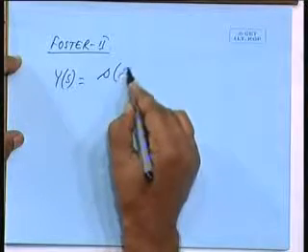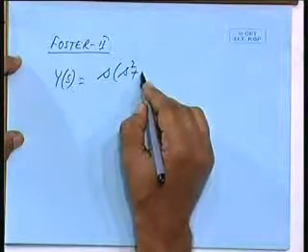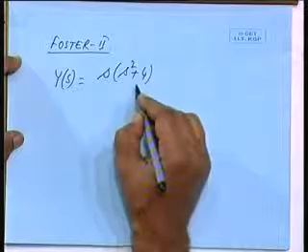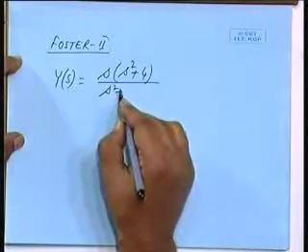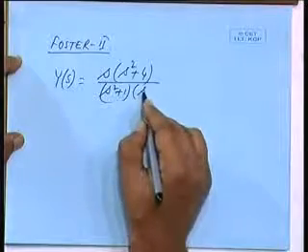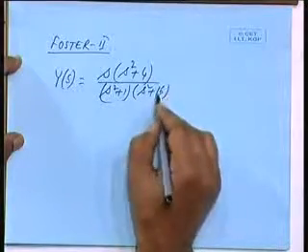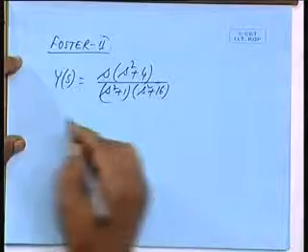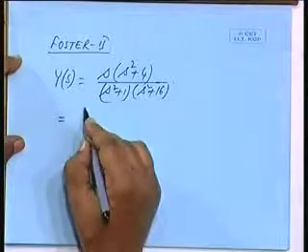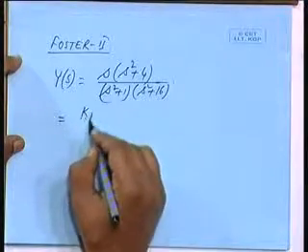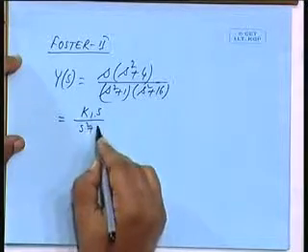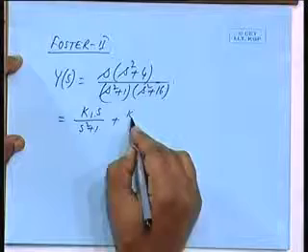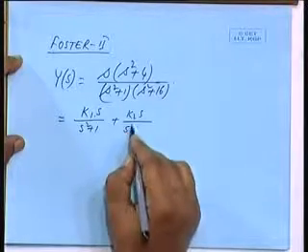Ys is, say, S into S squared plus 4 divided by S squared plus 1 into S squared plus 16. Then I can write this as K1s by S squared plus 1 plus K2s by S squared plus 16.